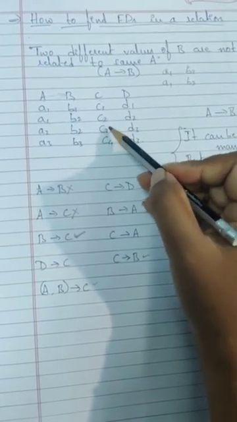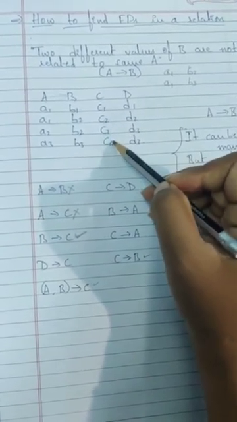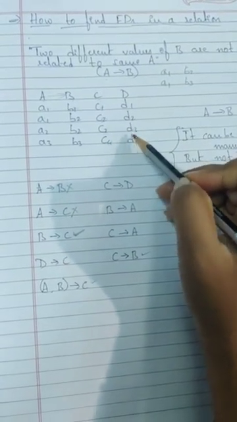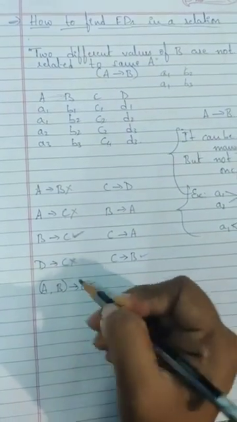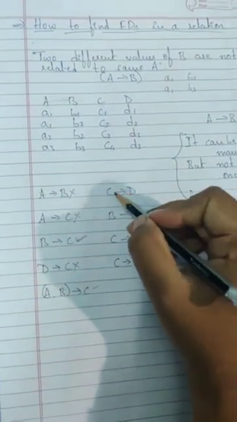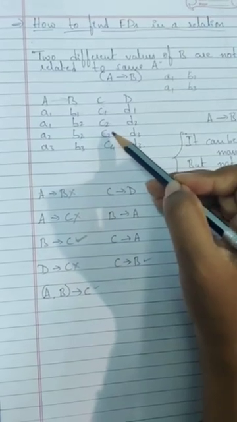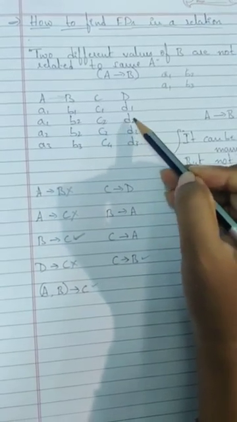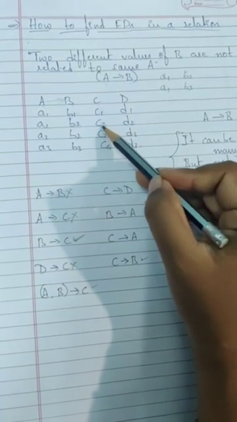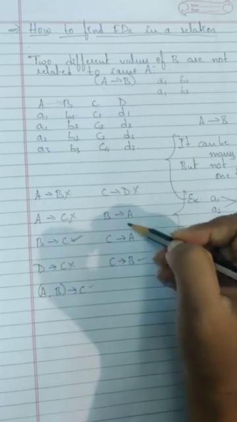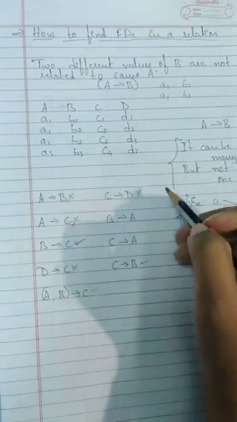Two different values of C are related to the same value of D, so this is not a functional dependency. Next, C determines D. Two different values of D are related to the same C, so this is also not a good functional dependency.